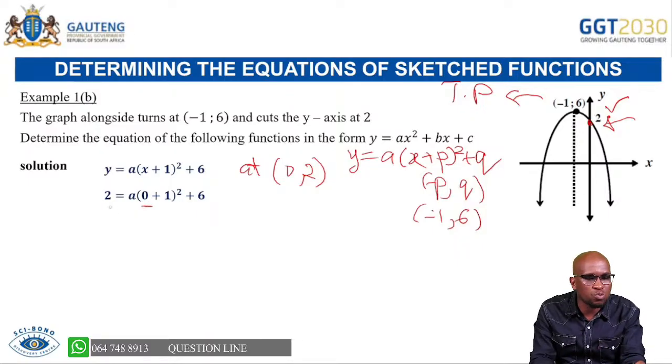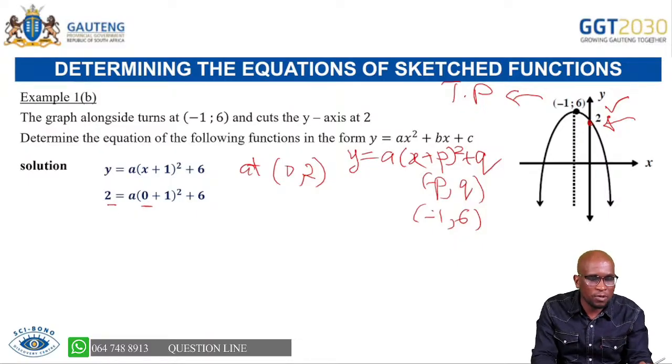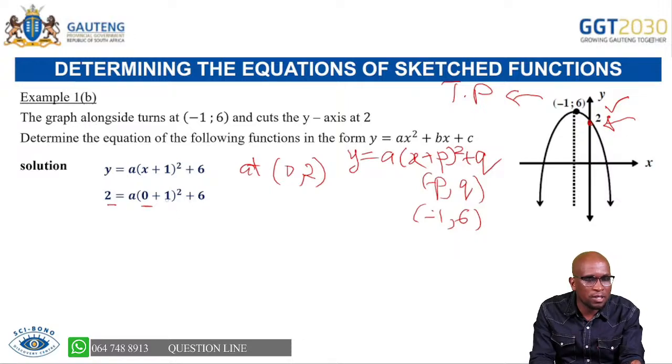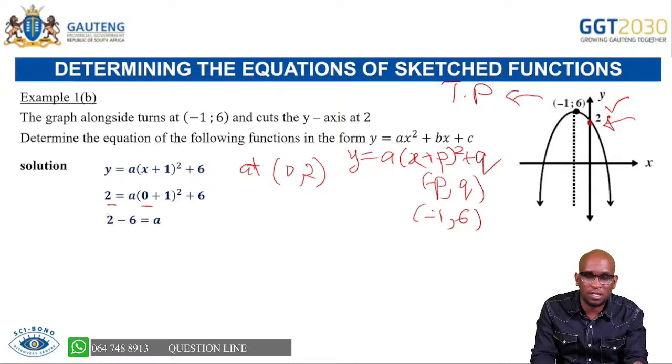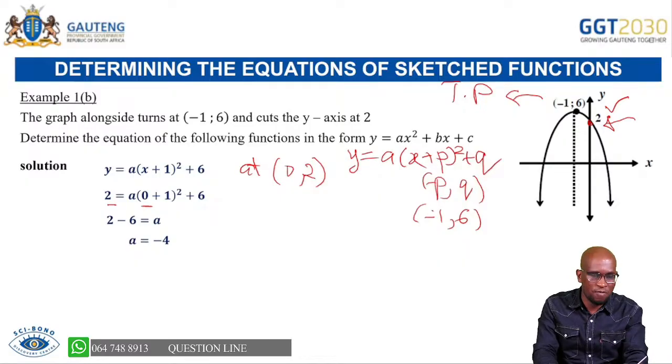Where we see x, we put 0. Then we simplify: 0 plus 1 is 1. When you square 1, you get 1. Multiplied by a, it would be a plus 6. Then we transpose the 6. 2 minus 6, we get that a is negative 4.